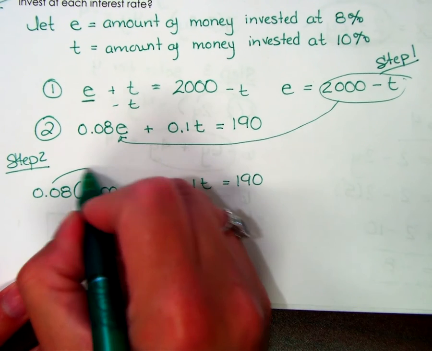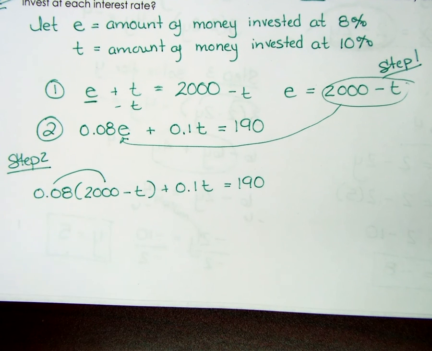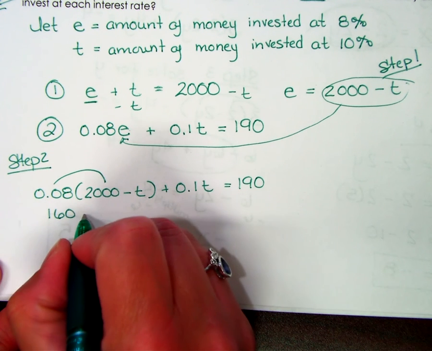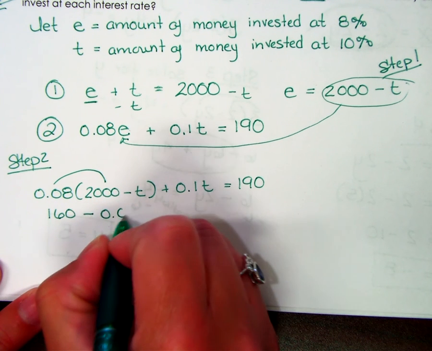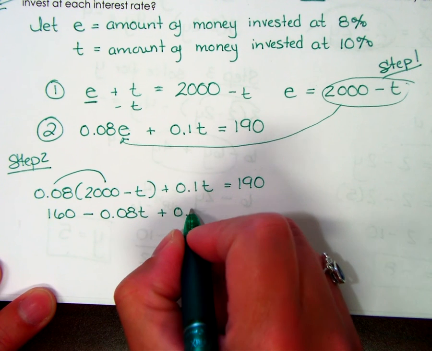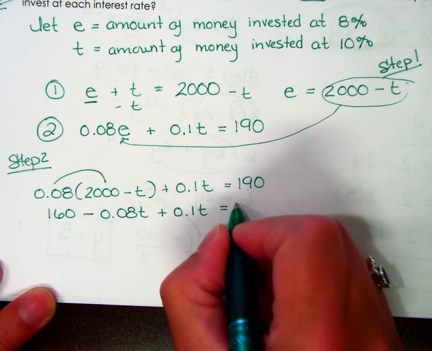So we're going to go ahead and leapfrog stuff in. I'm going to get my handy dandy calculator out. And I've got 0.08 times 2,000 is 160 minus 0.08 T plus 0.1 T equals 190.